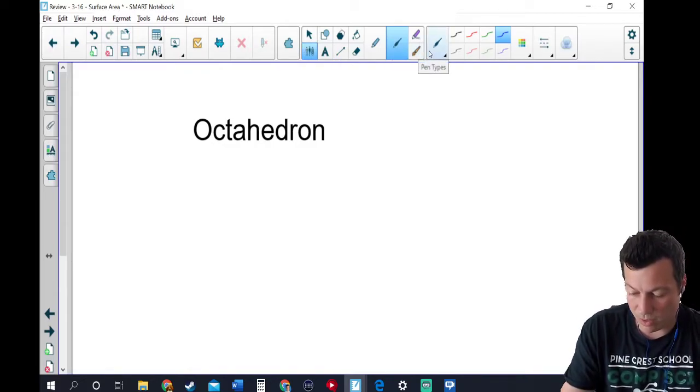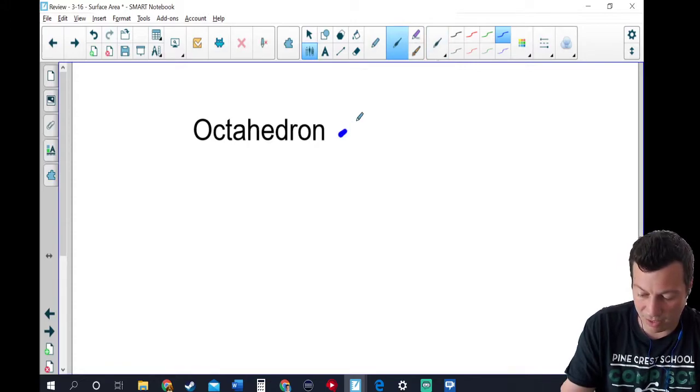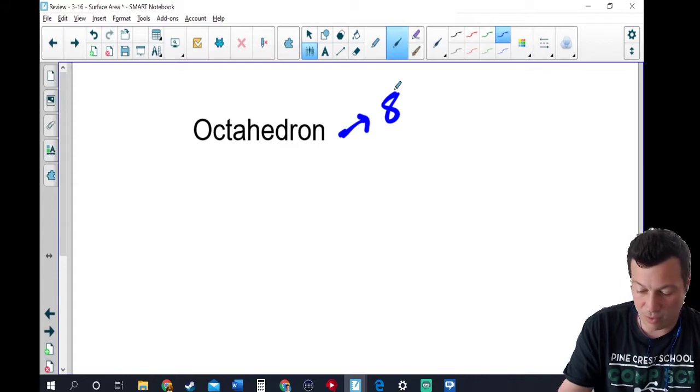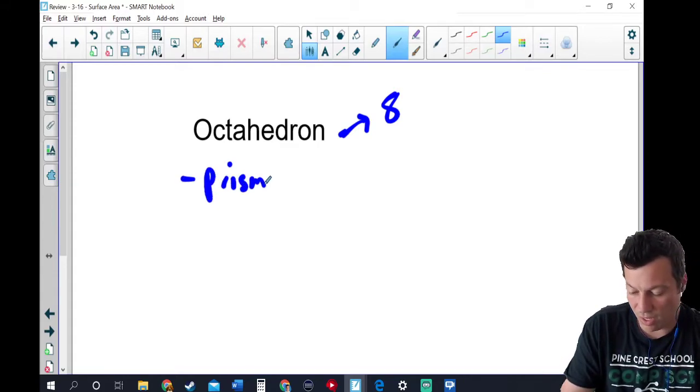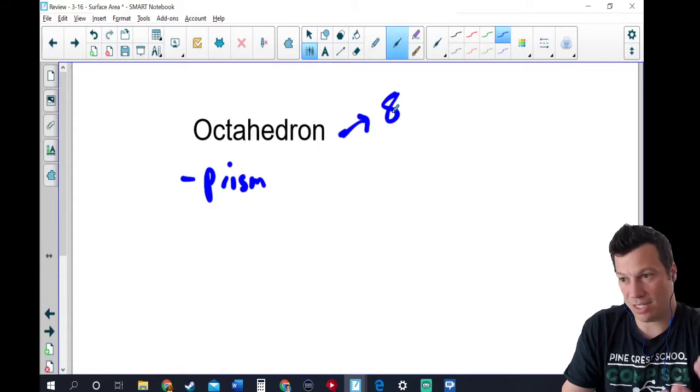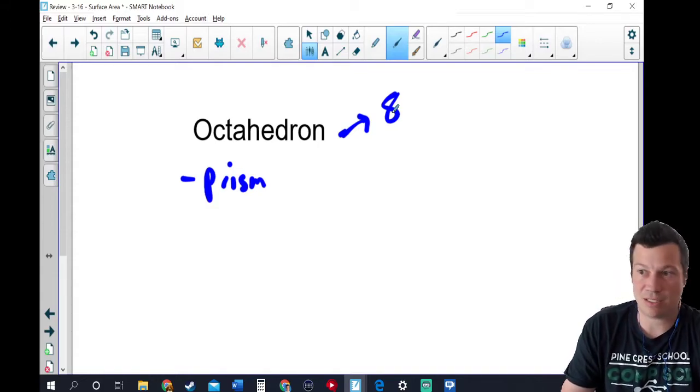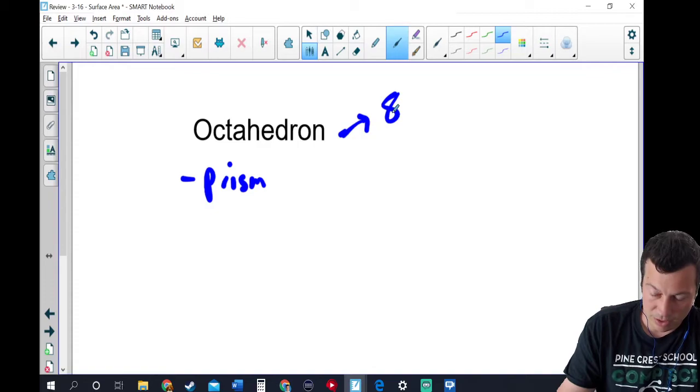Well, this means 8 faces. And if it was a prism, we know that 2 of those faces are bases. So 2 of those 8, which means there are 6 lateral faces, which means there has to be 6 sides for each of the bases. In other words, we take the 8, we subtract 2, and we get 6.